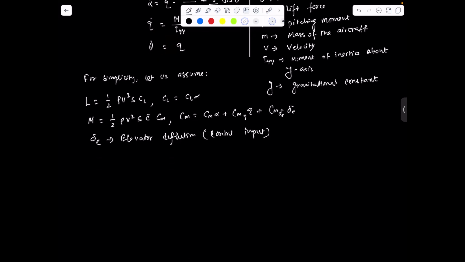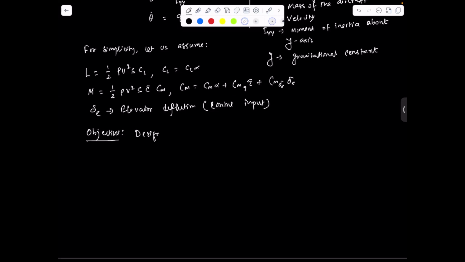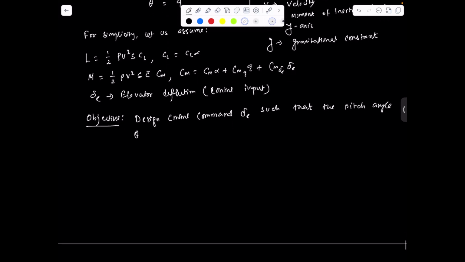Now our objective for this particular problem is to design the control command delta E such that the pitch angle theta tracks a desired reference trajectory theta d(t).